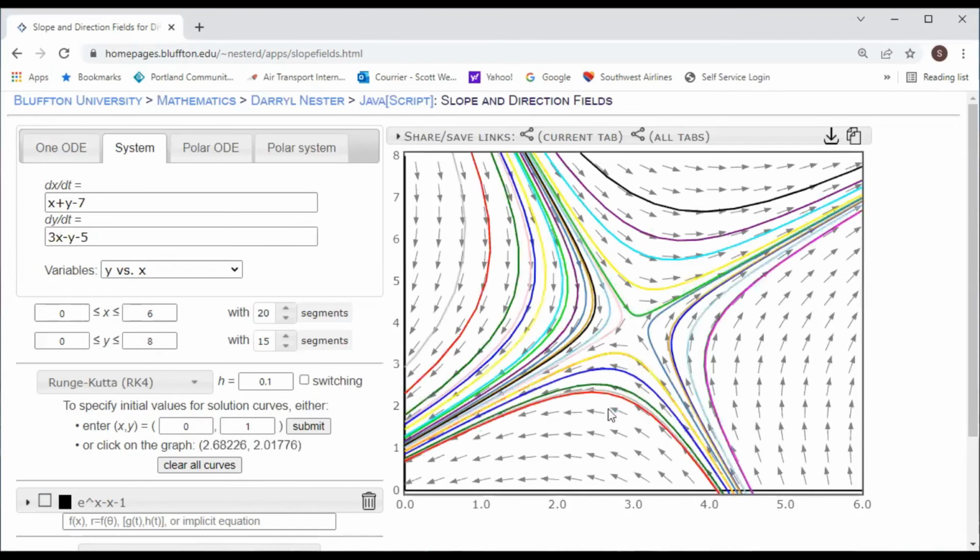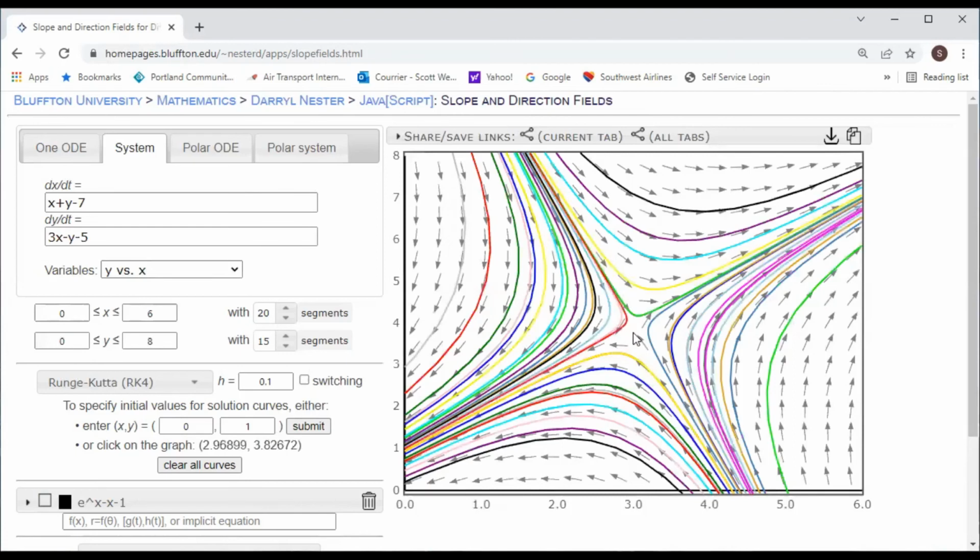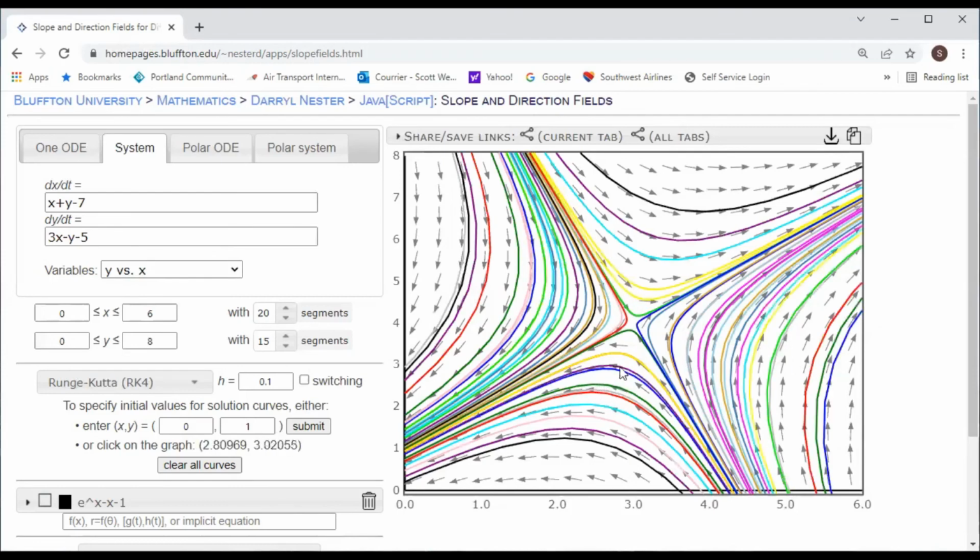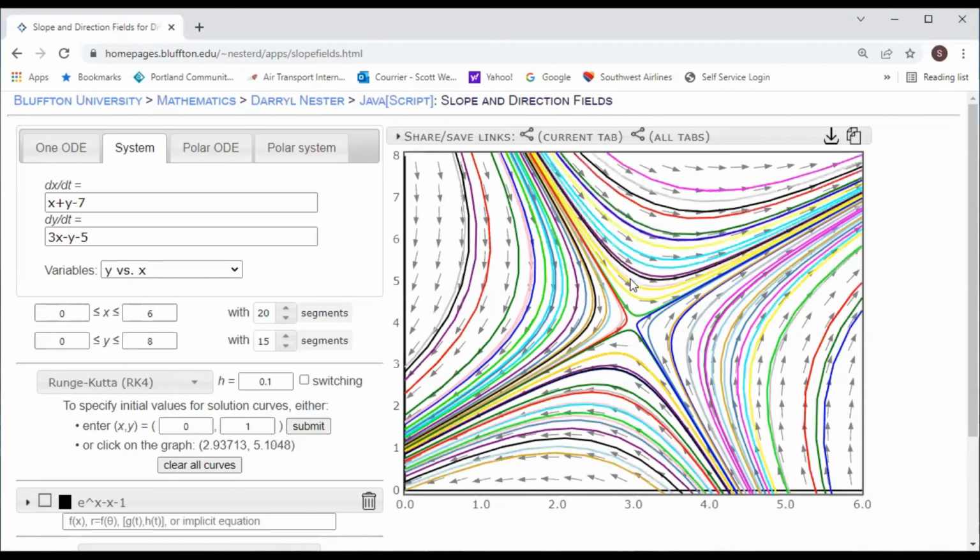By the way, the reason for the name is that if you were looking at a 3D graph whose contour lines looked like this, it would resemble a saddle, like for a horse. But once again, example B, picture confirms it. We have indeed at the point 3, 4, a saddle point.